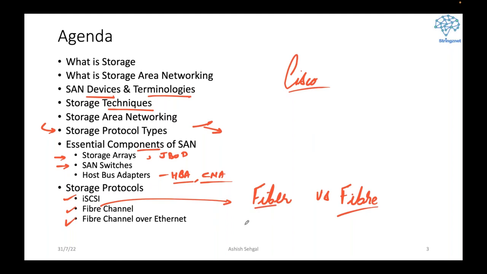So many times what happens is we simply get confused between the two similar terms having the same pronunciation, fiber, but this fiber is different. This fiber is talking about the cable type or the media type, and this is talking about the technology. What fiber channel we are talking about over here is nothing but it is a protocol, and it is not the media or the cable we will be talking about.